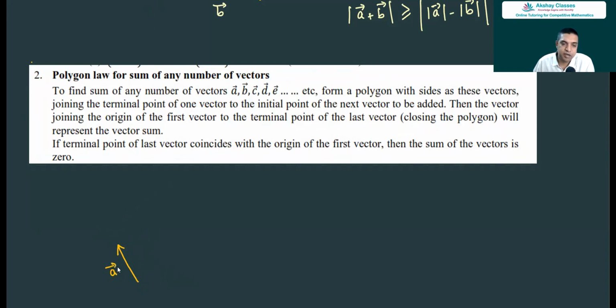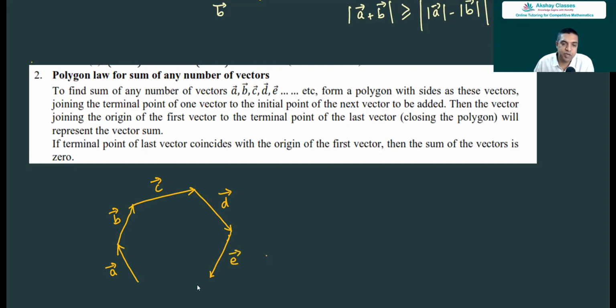The terminal of a will coincide with the initial point of b. Then the terminal of b coincides with the initial point of c. Then the terminal of c coincides with the initial point of d. And the terminal of d coincides with the initial point of e.